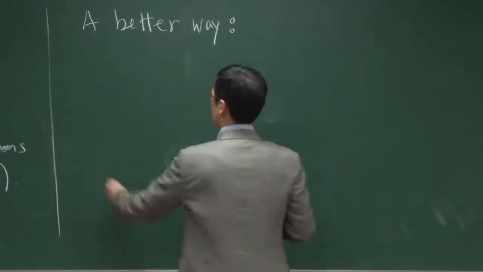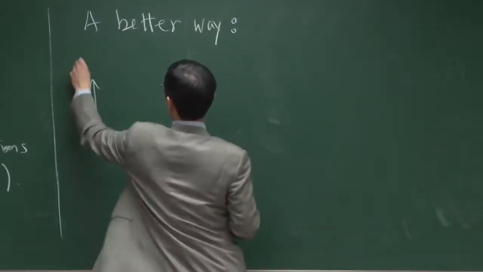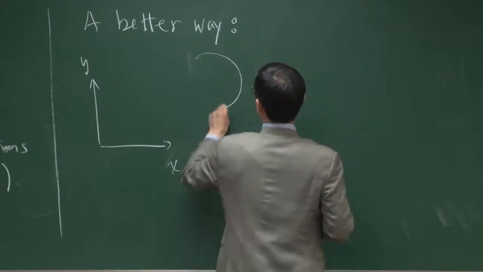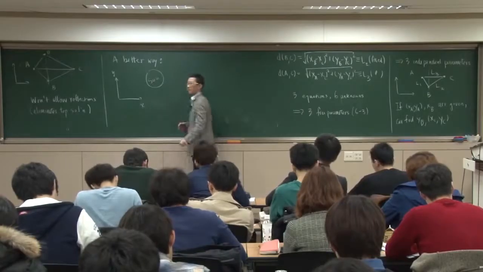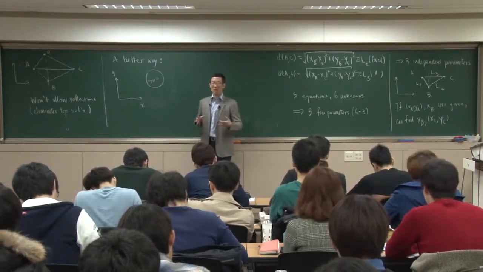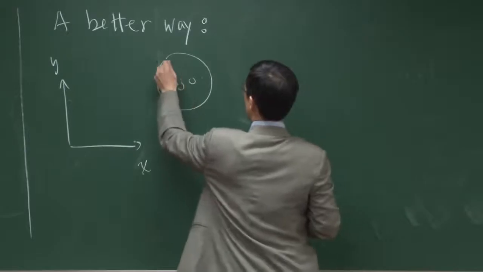Let's just now draw the top-down view. If I have a coin here, why not just attach a reference frame to the coin? That's what I'm going to do.